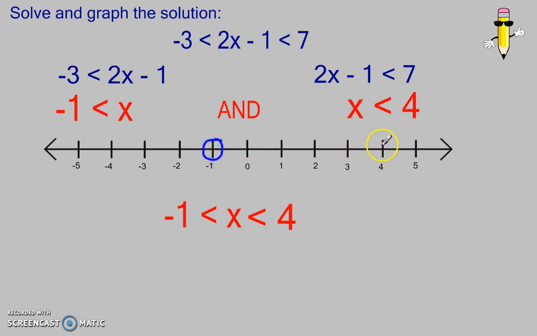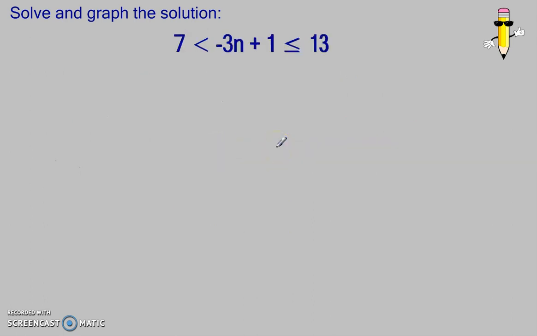We'll circle 4. And then determine, do either of them need to be filled in? Nope, no lines underneath. So there's just a line in between the two. Since this is "and," it has to fulfill both statements. Alright, again, pause and try to solve this one for yourself.